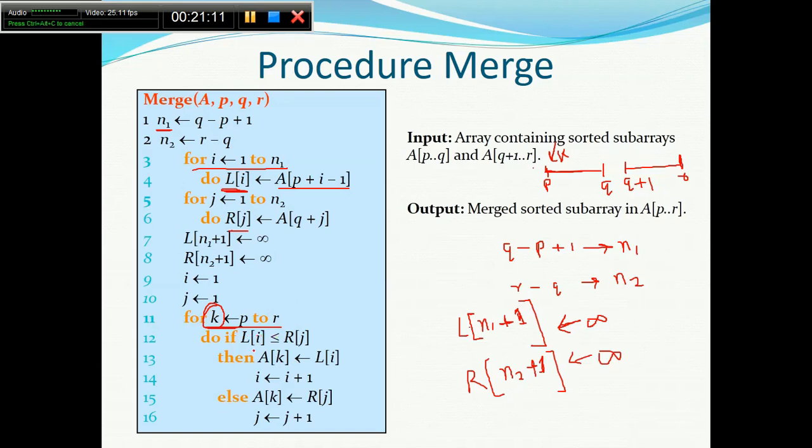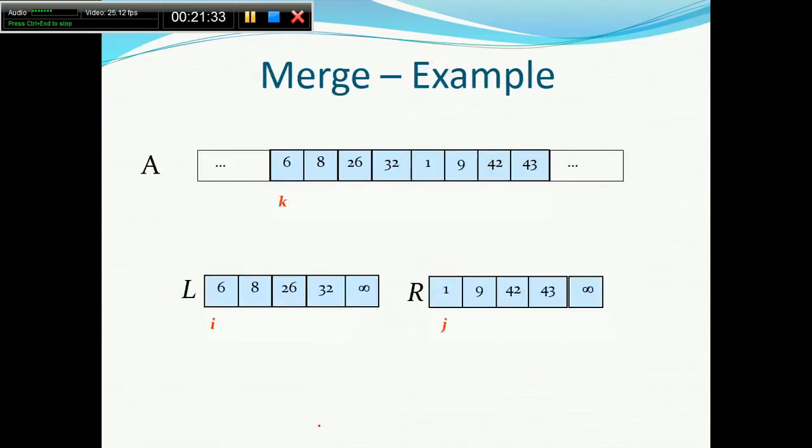If Li is smaller, I will copy it to the A array, and then i is equal to i plus 1. If Rj is smaller, I will copy it into A k, and j will increase. We'll also see this with an example directly.